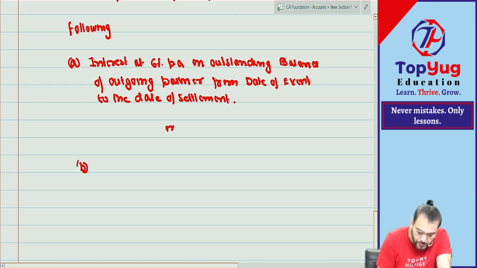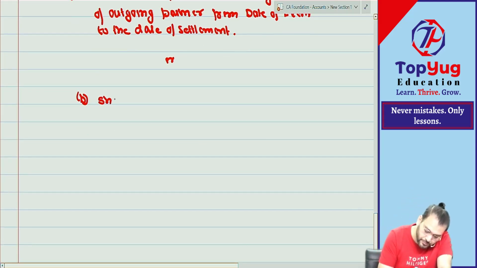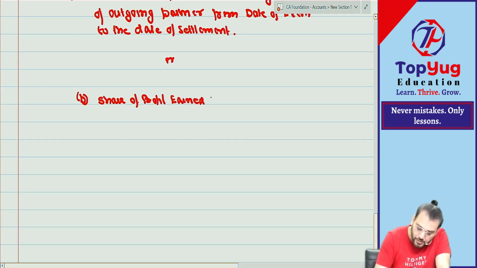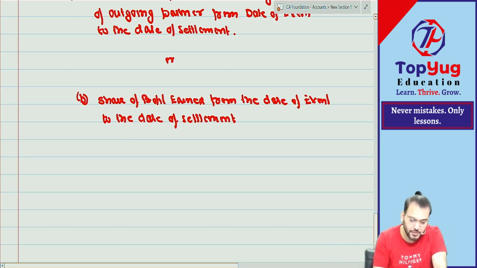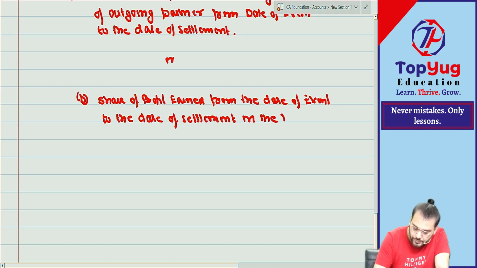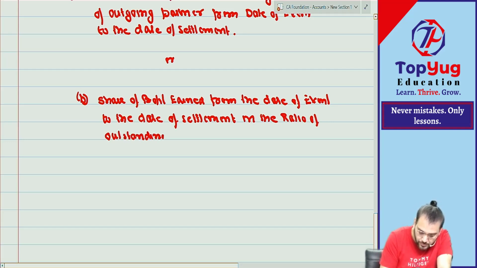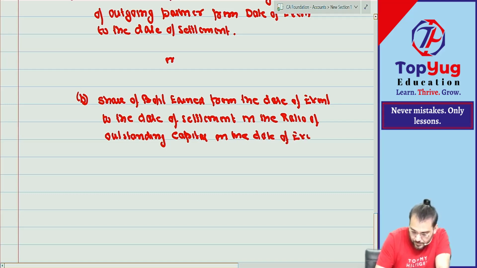Or, point number B. It will be the share of profit earned from the date of event to the date of settlement, in the ratio of outstanding capital on the date of event.